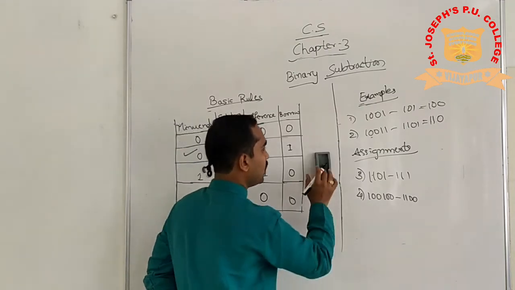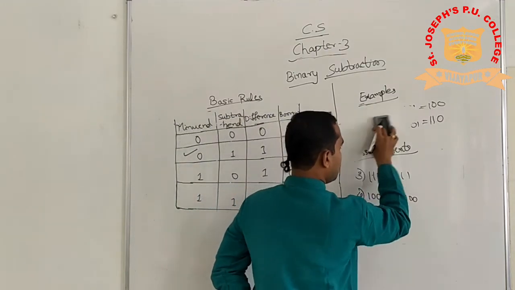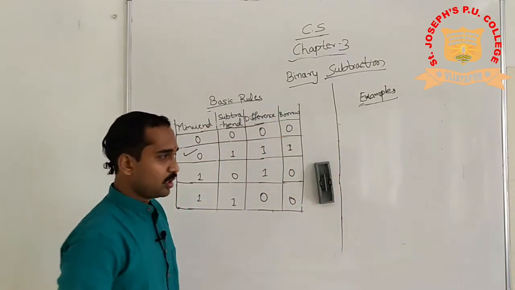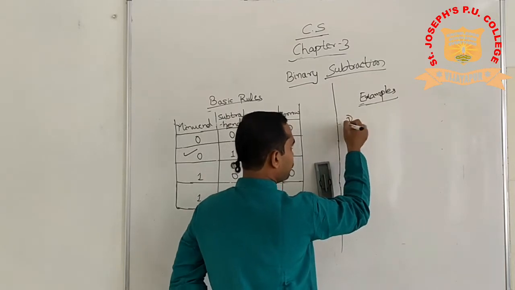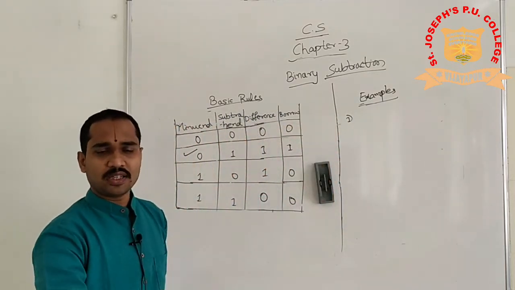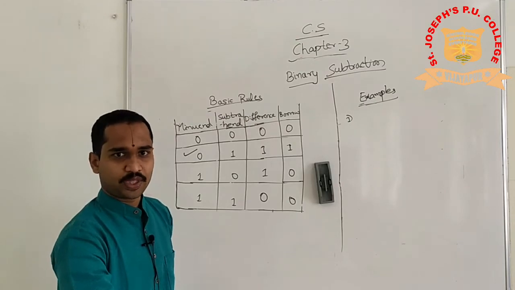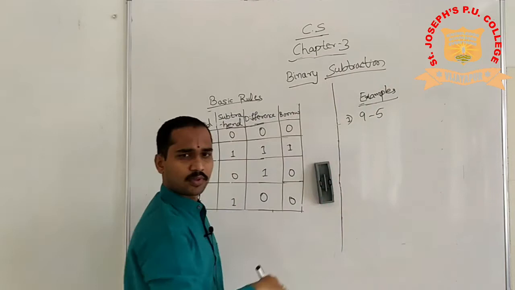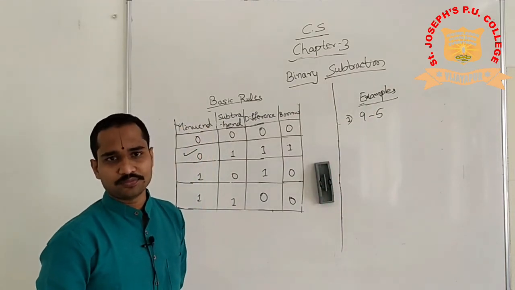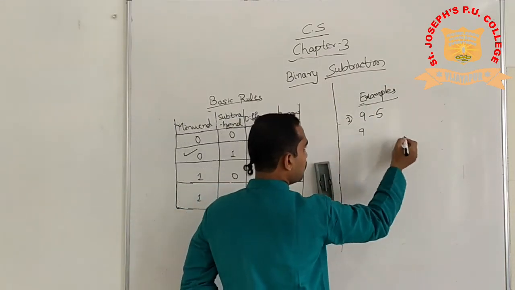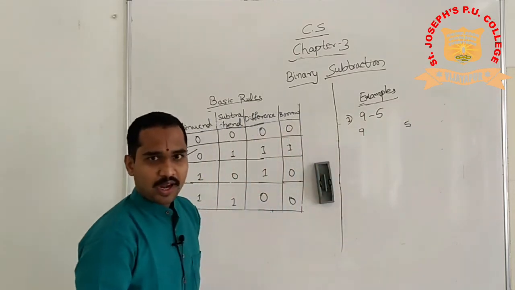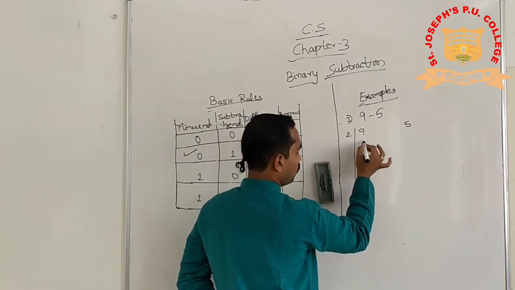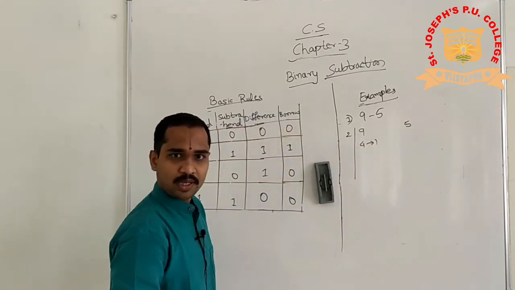Okay, fine. Now let us move to the next level, and that happens to be, as you saw in the binary addition, you are given the decimal numbers and you convert them to binary first and then subtract. Like 9 minus 5. Small numbers you take, 9 minus 5. First you convert 9 and 5 to binary and then subtract, correct? So 2 4s are 8, 1 is the remainder.